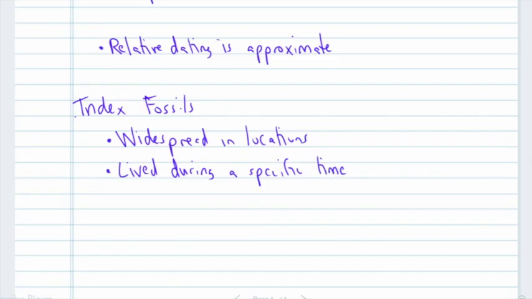And they have to be well preserved, okay? They have to be things that leave behind good fossils. Remember, we talked about earlier this week that some organisms don't leave behind good fossils, others do, and so it's important that you understand that index fossils have to leave behind good, well-preserved fossils.